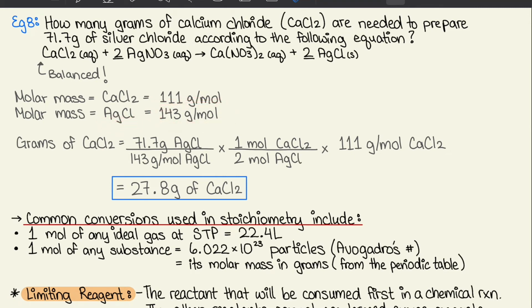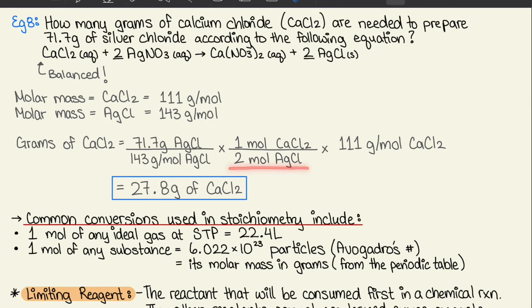So we come down and write grams of CaCl2 because that's what we're trying to find. We're going to write the mass of AgCl because that's what we're given over the molar mass, which is 143 grams per mole. So our goal here is to cross out AgCl. And because in the equation, we know that it's balanced, we have 1 mole of CaCl2 over 2 moles of AgCl.